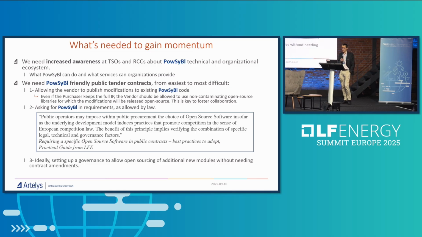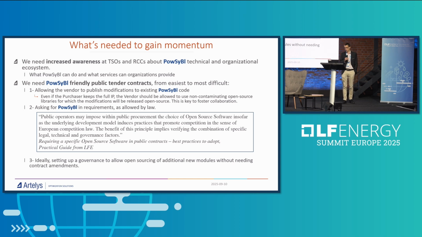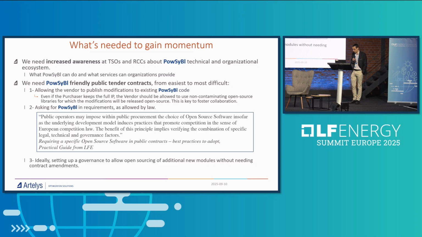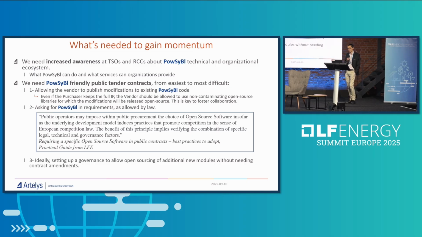We need increased awareness about PowSyBl, both the technical abilities of PowSyBl, but also the organizational ecosystem and the fact that there is enough skills to provide the same quality of service as proprietary software when it comes to these computation modules. Especially, there is Artelys, and there are other vendors that can provide support and maintenance services around PowSyBl.